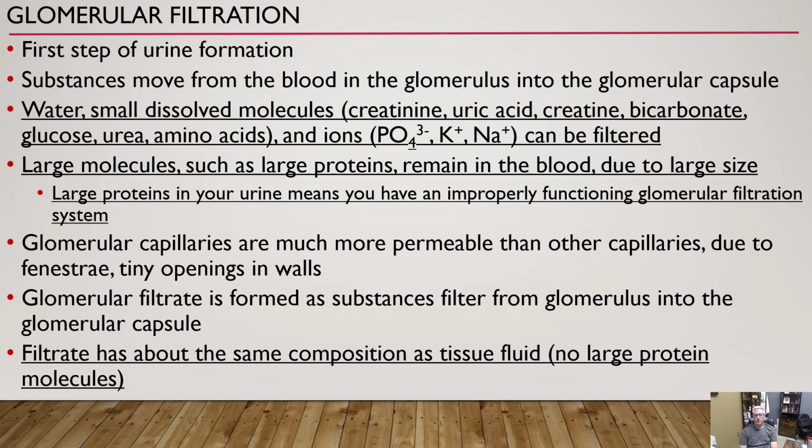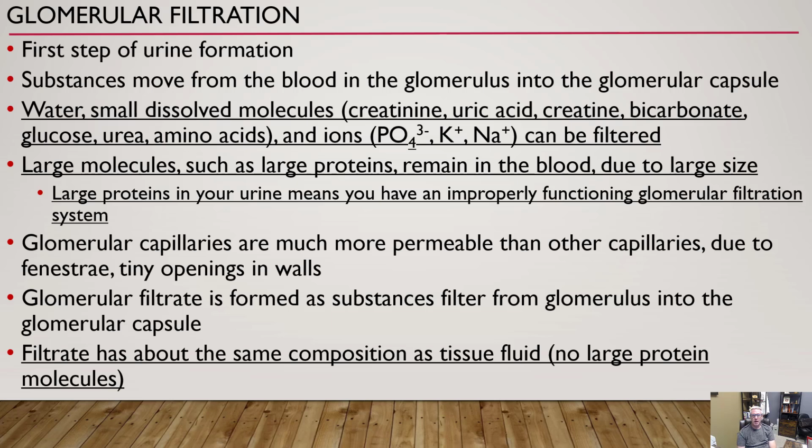So water, small dissolved particles like creatinine, uric acid, creatine, bicarbonate, glucose, urea, amino acids, and some small ions like phosphorus, potassium, and sodium can be filtered. Now remember, large molecules such as proteins remain in your blood because of their size. If you do have large proteins in your urine, that can mean you have an improperly functioning glomerular filtration system, and you might want to go get that checked out.